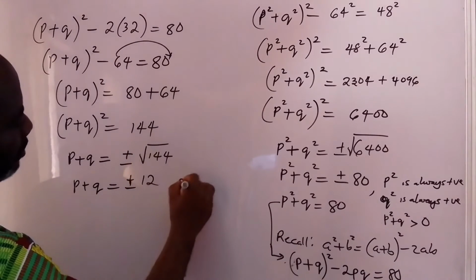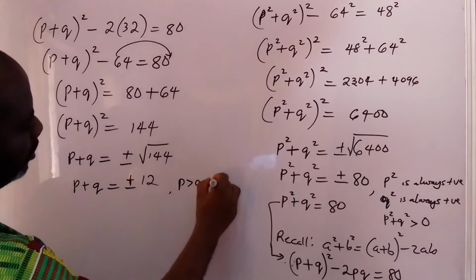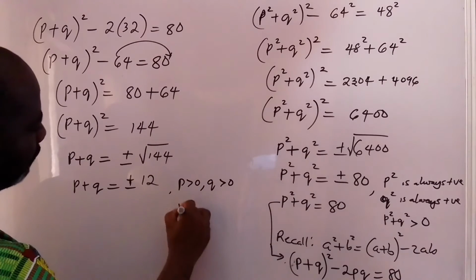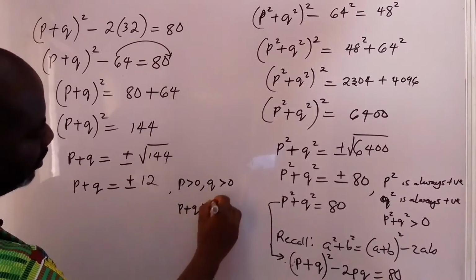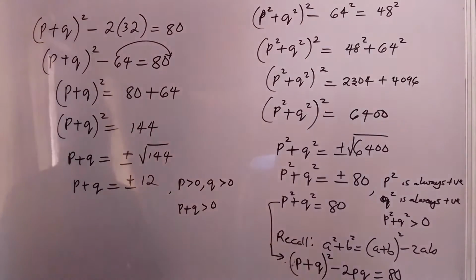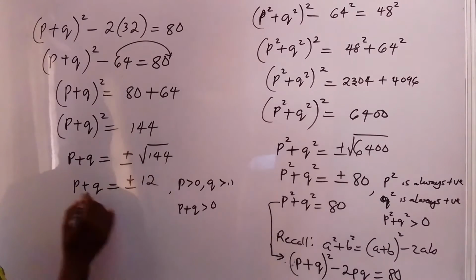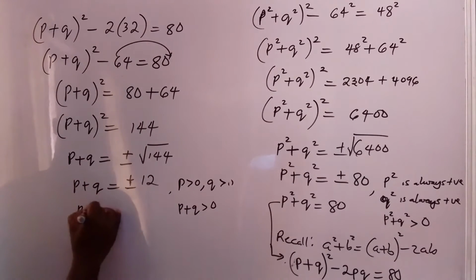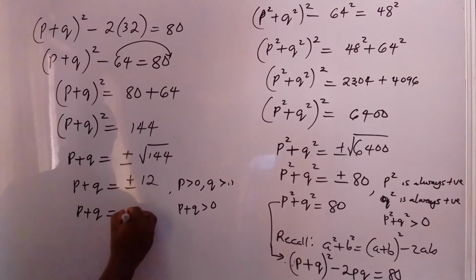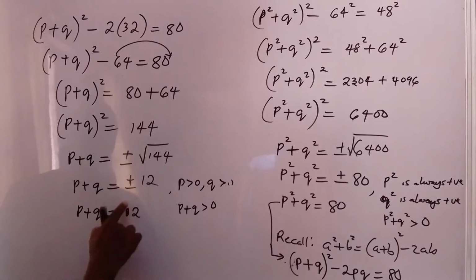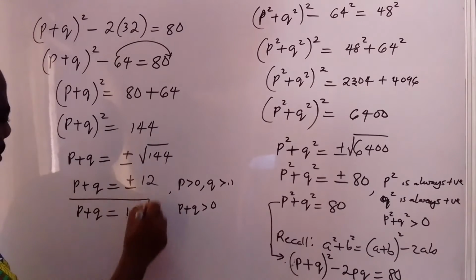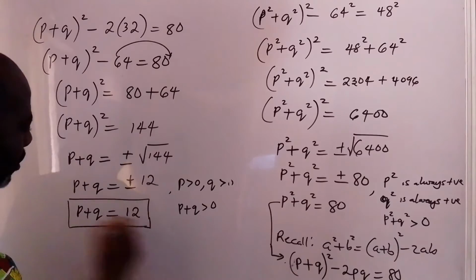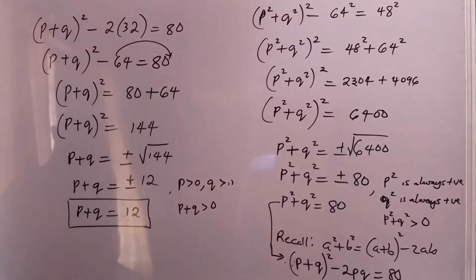So p greater than 0, q greater than 0, therefore p plus q will be greater than 0. Once that is established, p plus q will just be the positive value. So p plus q is 12. Can we find the value of p minus q? The answer is yes.